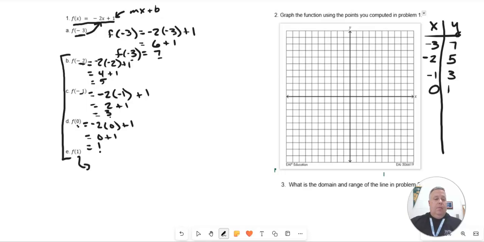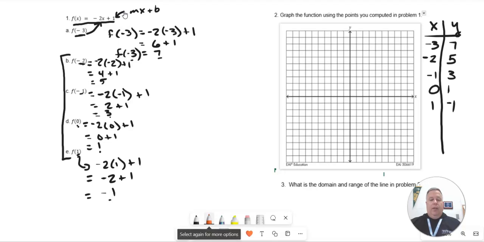That would be -2 times 1 plus 1, which equals -2 plus 1, which equals -1. All right, so when x equals 1, y equals -1. So we have our points now.